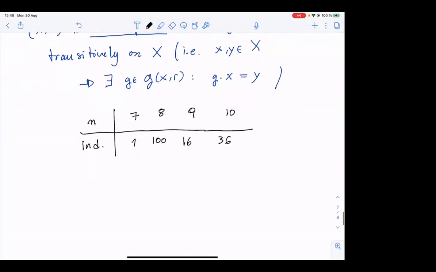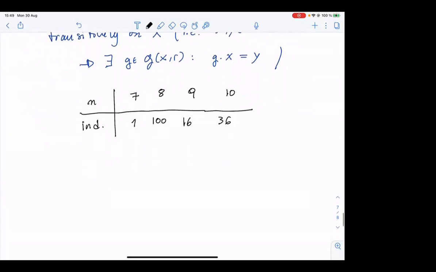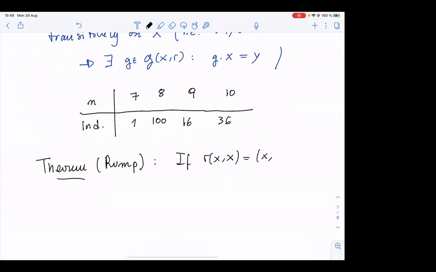And several years ago, I think in 2004 or something like this, Gateva-Ivanova made a conjecture that was later proved by Rump. Theorem. Rump proved that if you have a solution with the property σ_x(x) = x for all x, then the solution is decomposable.